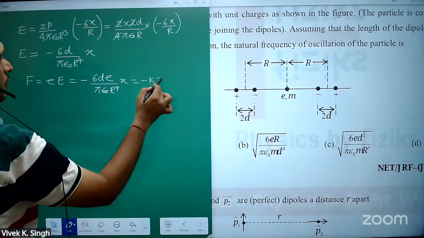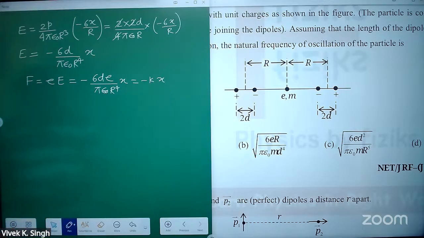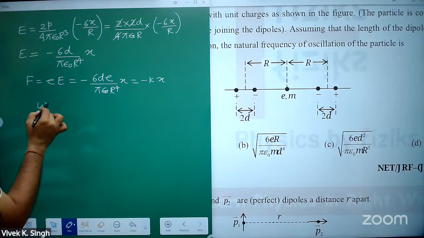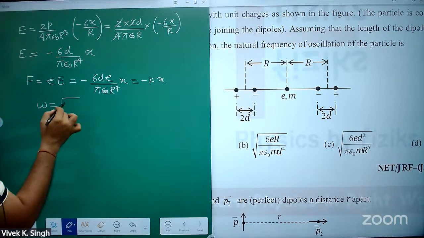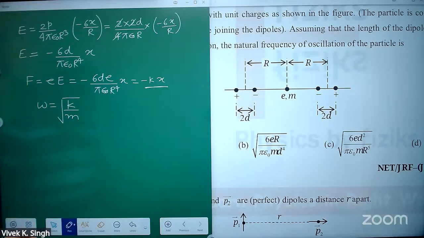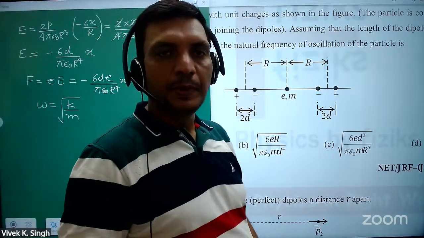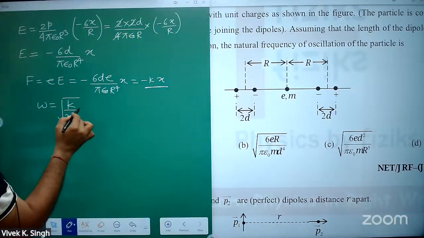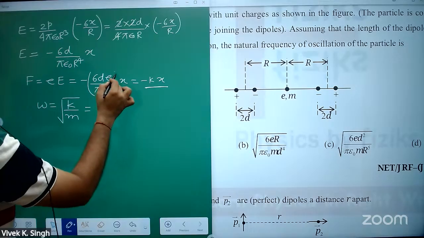And now you can write it in terms of x. So omega is given by under root k by m, because in this condition you can see that it performs simple harmonic motion. And k is this value.